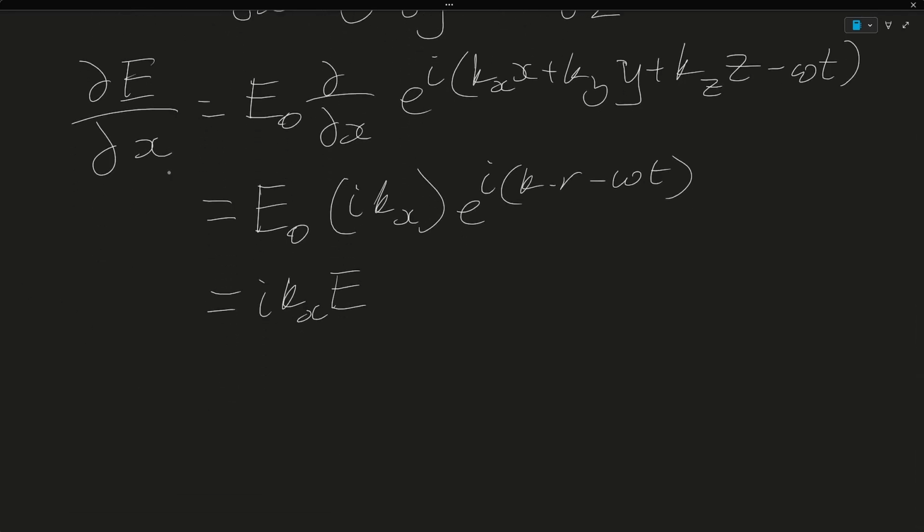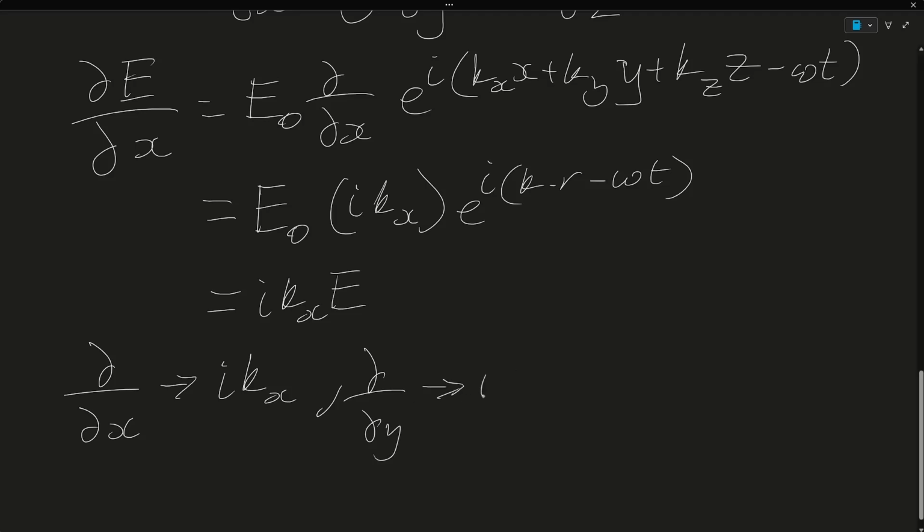Hence, the partial with respect to x corresponds to i kx, partial with respect to y corresponds to i ky, and finally partial with respect to z corresponds to i kz.